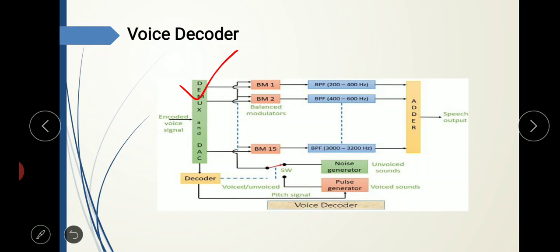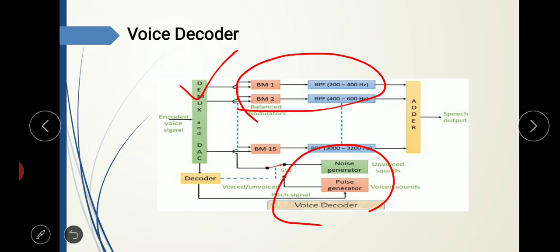So here a balanced modulator filter combination is used in correspondence to rectifier filter combination at the encoder. The carrier to this balance modulator is either the output of noise generator or pulse generator.